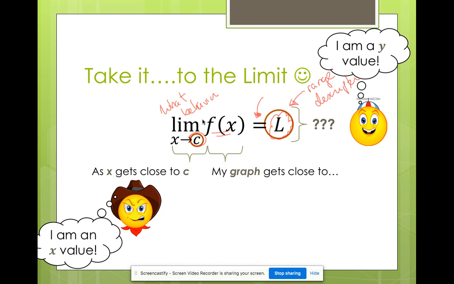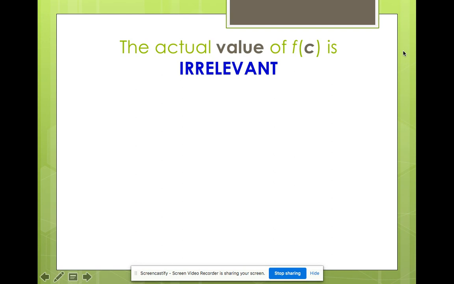But remember, I shouldn't say value, I should say descriptor, right? Because even though we use an equal sign, it really is an adjective. So when I say the actual value when you plug c into the function is irrelevant, that's really a strong statement.